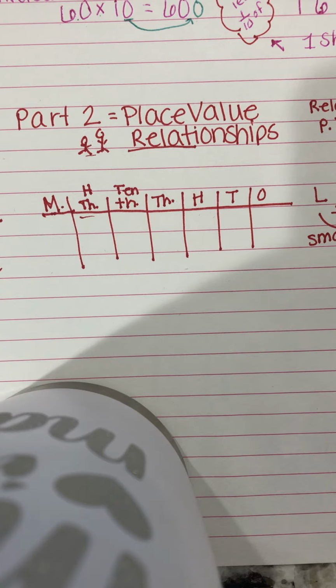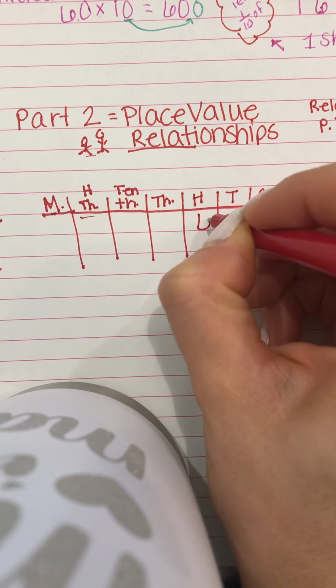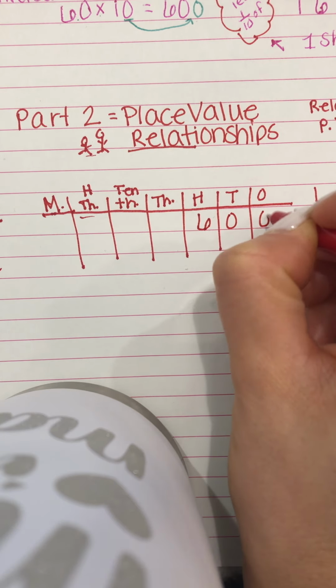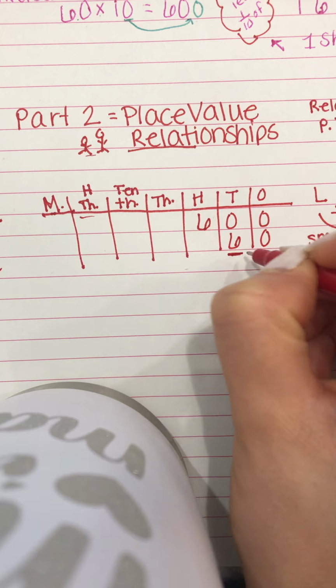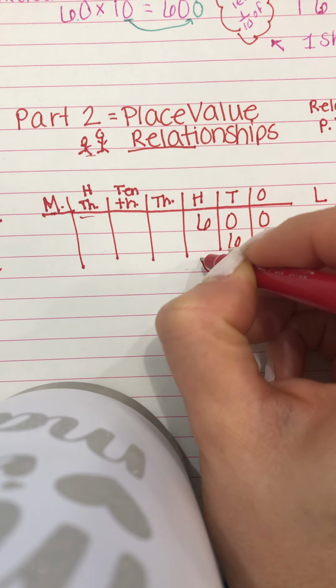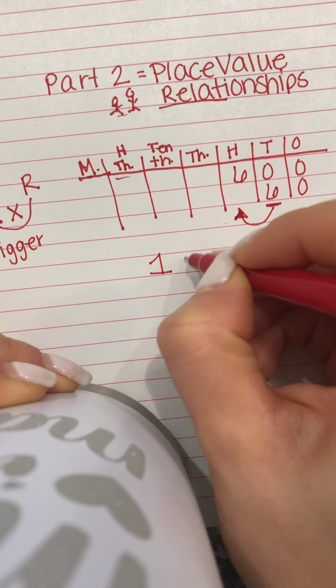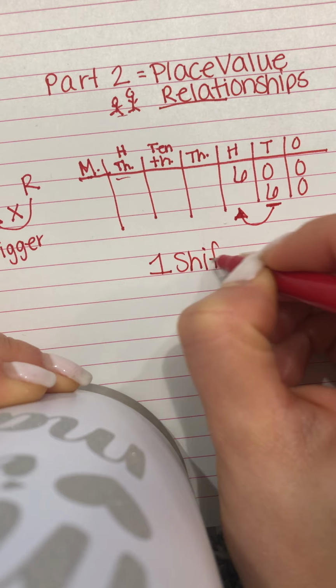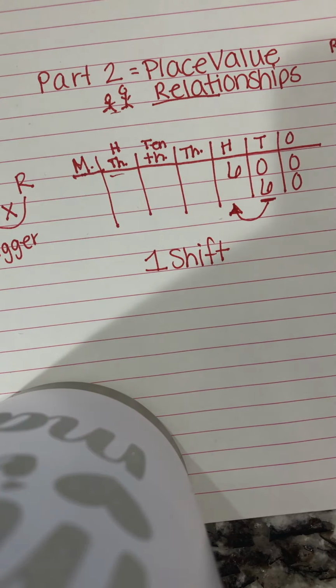Okay. Let's talk about taking one shift. So in our example with 660, if that 6 moves from the tens place to the hundreds place, that's one shift. Those digits, those places are right next to each other.